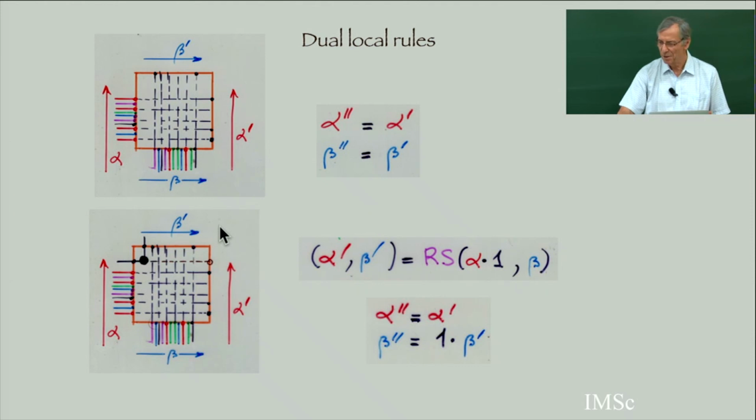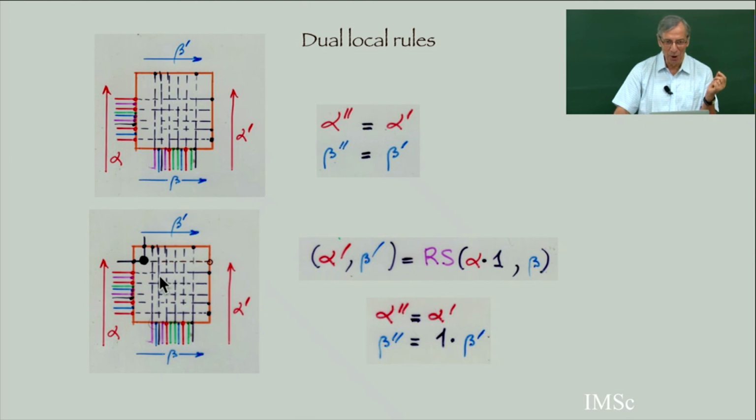So I think it's correct. Do you agree, Amri? Putting this point here, see, it was just adding a 1 at both sides of alpha prime, beta prime. But now putting the point here, you are not going to add a 1 at the left of each of them.